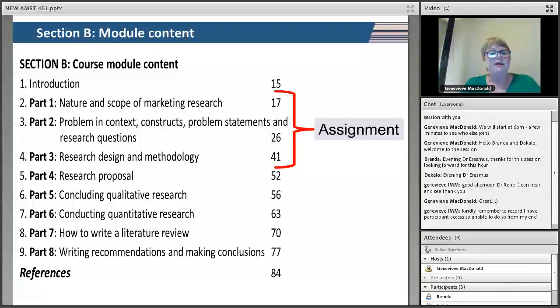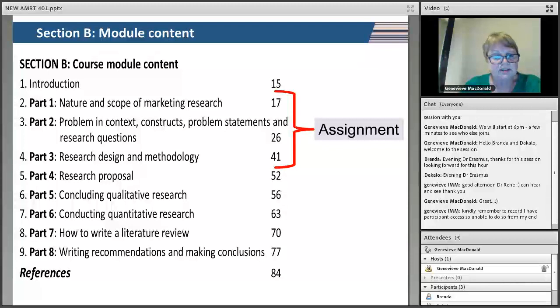So if we look at the total module content incorporated into this module, you have the introduction, and then part 1, nature and scope of marketing research, problem and context, constructs, problem statements, research questions. Part 3 is then the research design and methodology.